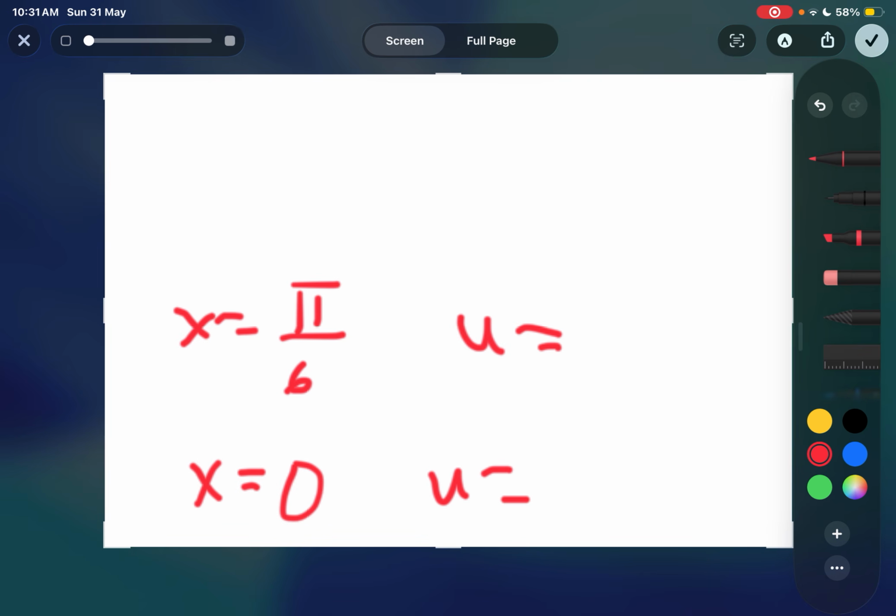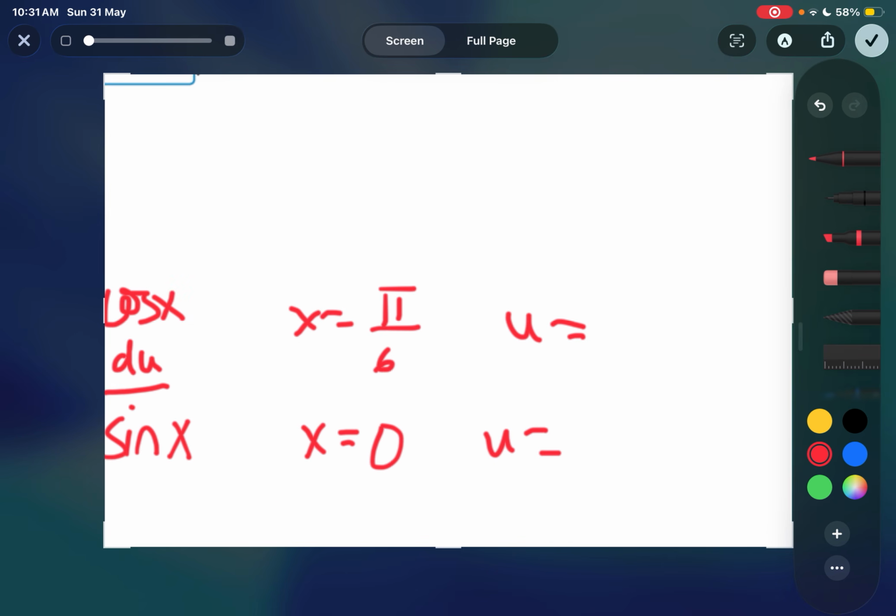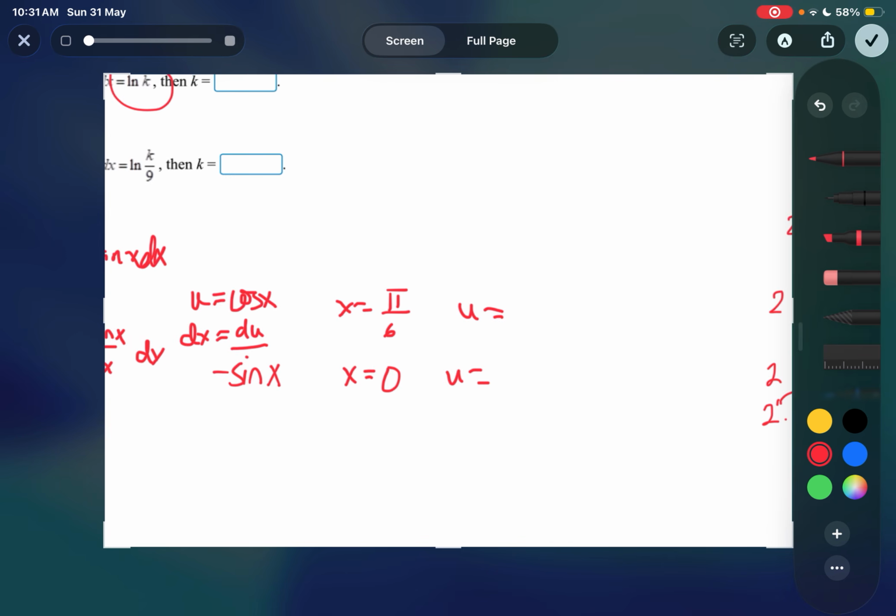Pi over 6, one second. Because I don't have my calculator, let me just check very fast. Cosine of 180 over 6.